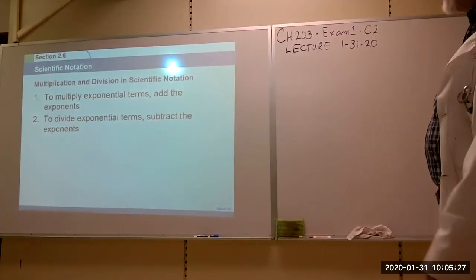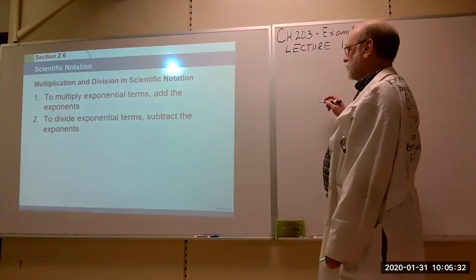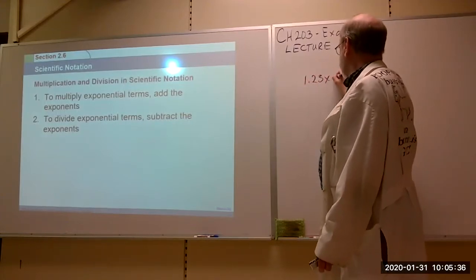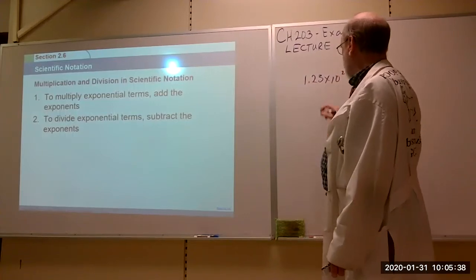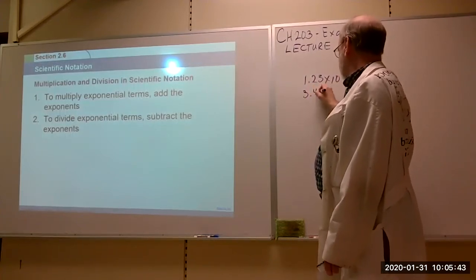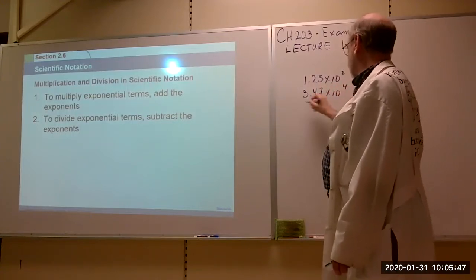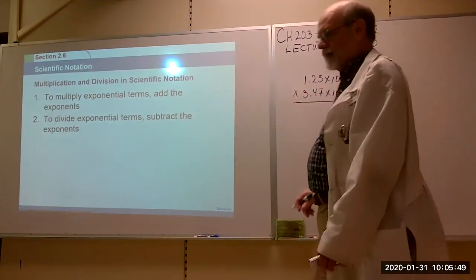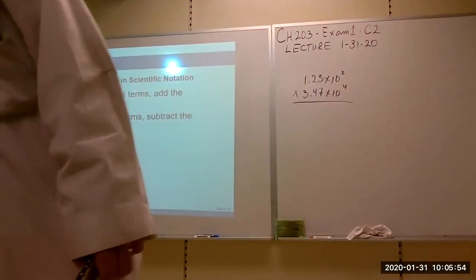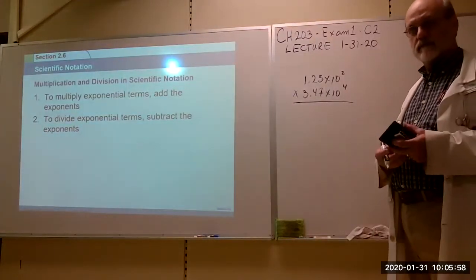So, multiplication and division in scientific notation. Let's say we want to multiply 1.23 times 10 squared by 3.47 times 10 to the 4th. Okay, so how do you do that? You do the coefficient and the power of 10 separately.